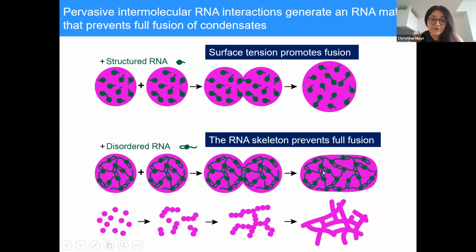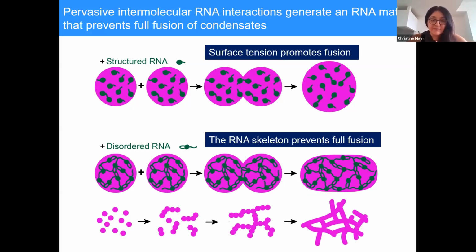And so therefore it forms these large filamentous condensates. You see here, these condensates line up as beads on a string, and then there is some remodeling to form a more filamentous condensate. But again, the protein components are highly mobile.